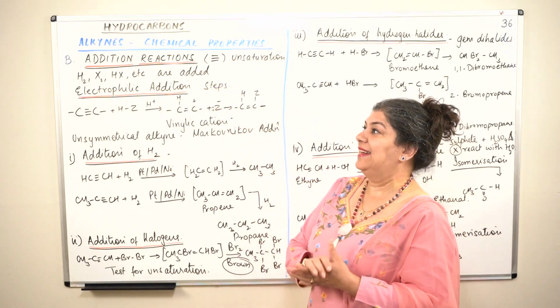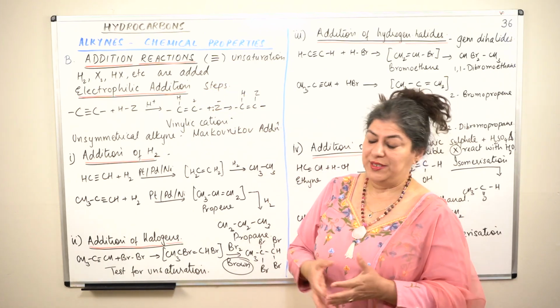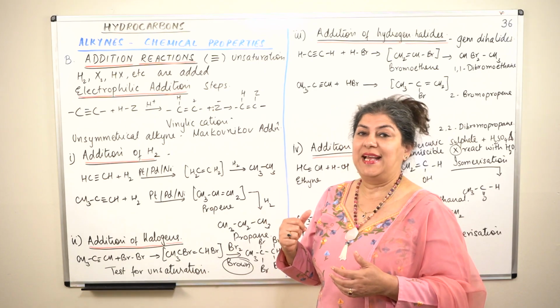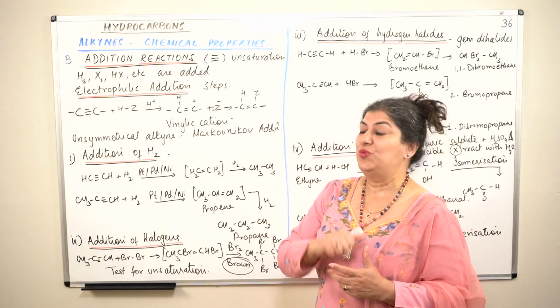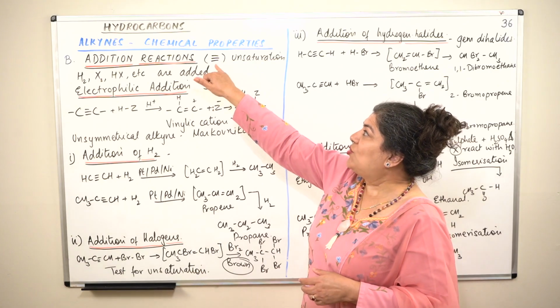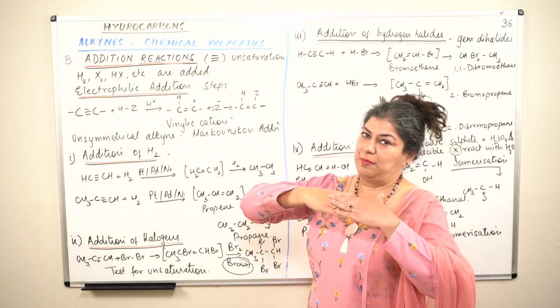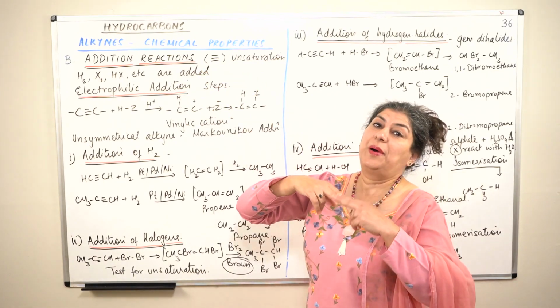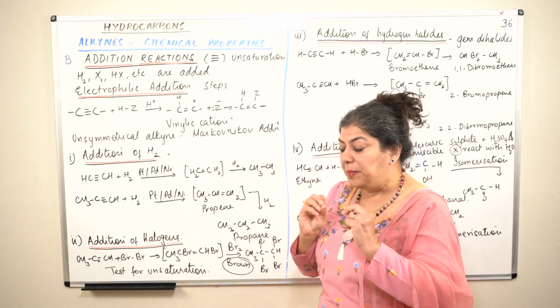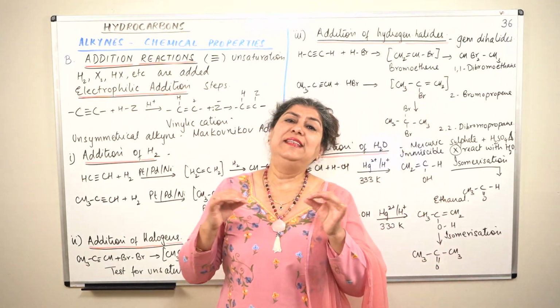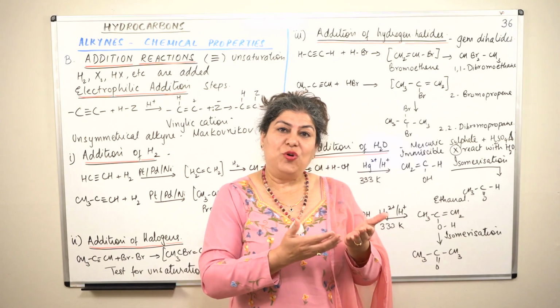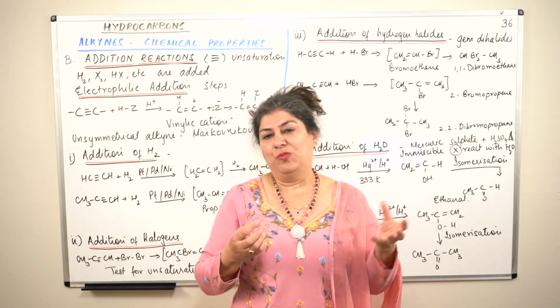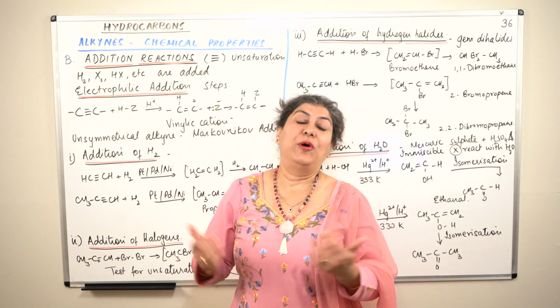Both alkenes and alkynes have got multiple bonds. Alkenes have double bonds and alkynes have triple bonds between two carbon atoms. The first bond is a sigma bond. The other two bonds are pi bonds in alkynes. The pi bonds are weaker and they can easily break, and the two electrons which make a pi bond are actually available for bonding.